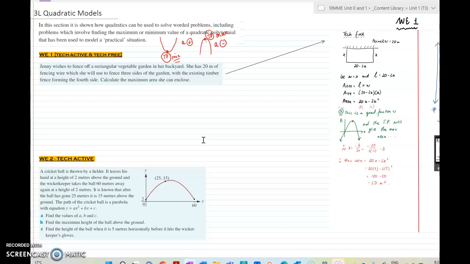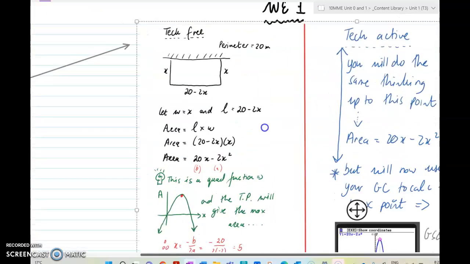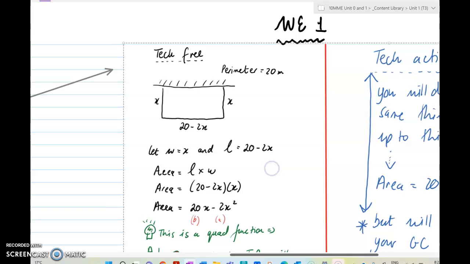As we discuss in class quite regularly, the best way to start a worded problem is always to sketch it out. See if you can put a diagram to what's given. Looking at the tech-free approach first, this will be your garden. This is your wooden fence, and then the 3 wire fences over here.